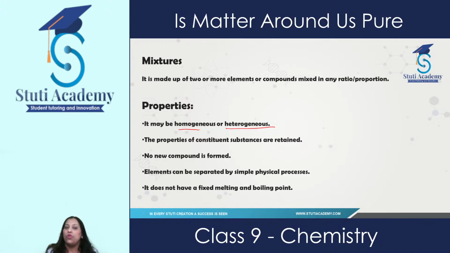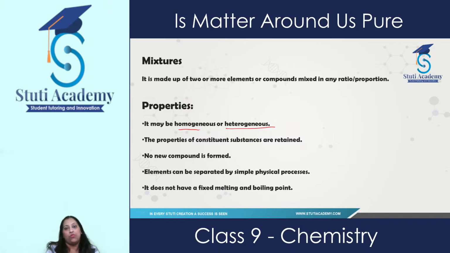First, let's come to another property. Whatever constituent substances are present in a mixture, their properties remain. They do not lose their property, unlike compounds. Whenever elements or compounds mix together to form a mixture, the substance formed has the properties of both the substances which were involved in its making.